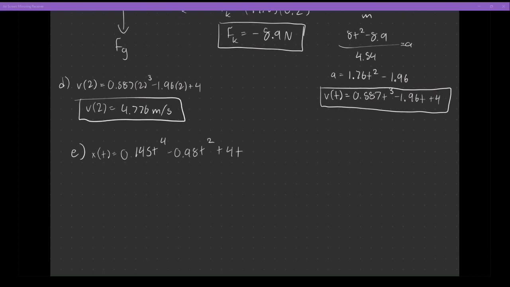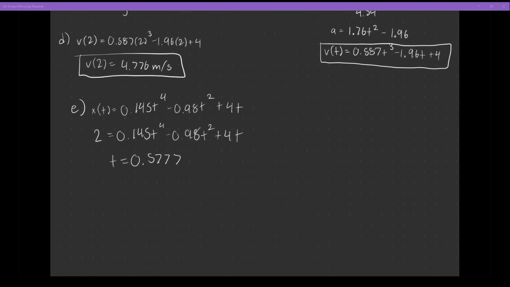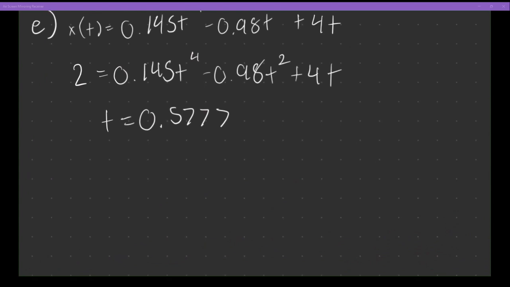And so now I'll just set this equal to 2: 2 is equal to 0.145 t to the fourth minus 0.98 t squared plus 4t. Using your calculator, you get that t is equal to 0.5777. And so now I can just use that in my velocity function.